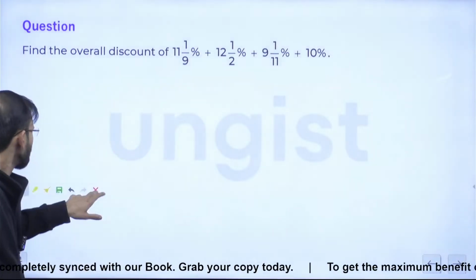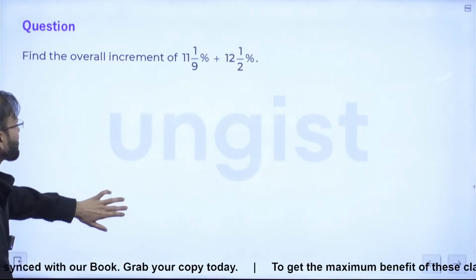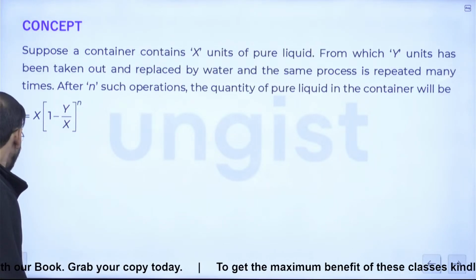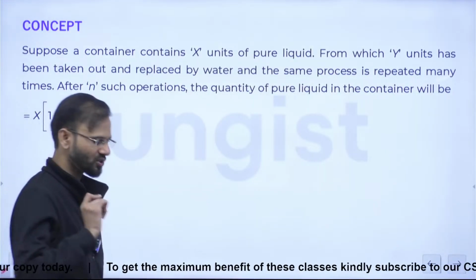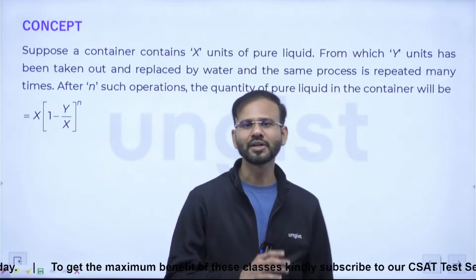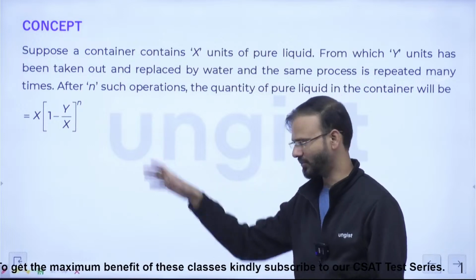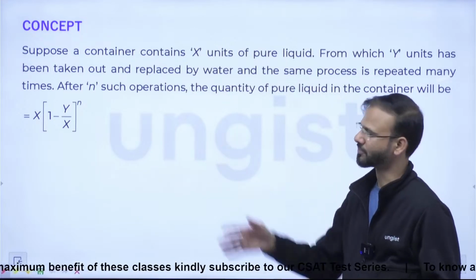So guys, let's start with the concept first. This concept we have already discussed in the topic of mixtures and alligation. Those who have not watched that video, please watch that video so that you get familiar with this concept.